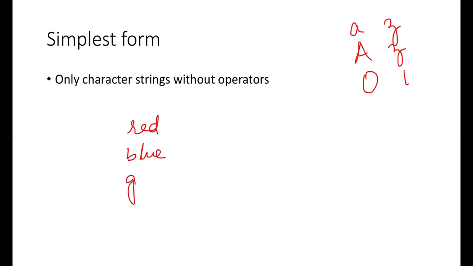So if my characters in the C character set are A to Z, small a to z, capital A to Z, and 0 to 1, then if I say red, blue, green, all these are nothing but strings of these characters.